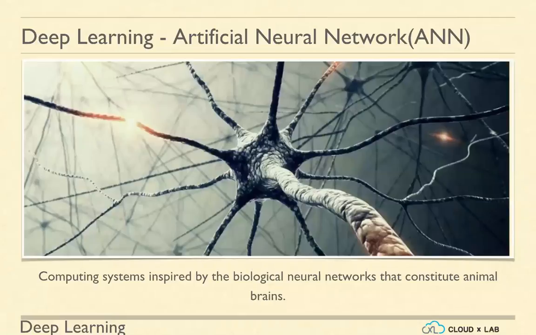So one of the breakthroughs that happened in 2006 was proof that the artificial neural network is actually powerful enough to solve the problems.